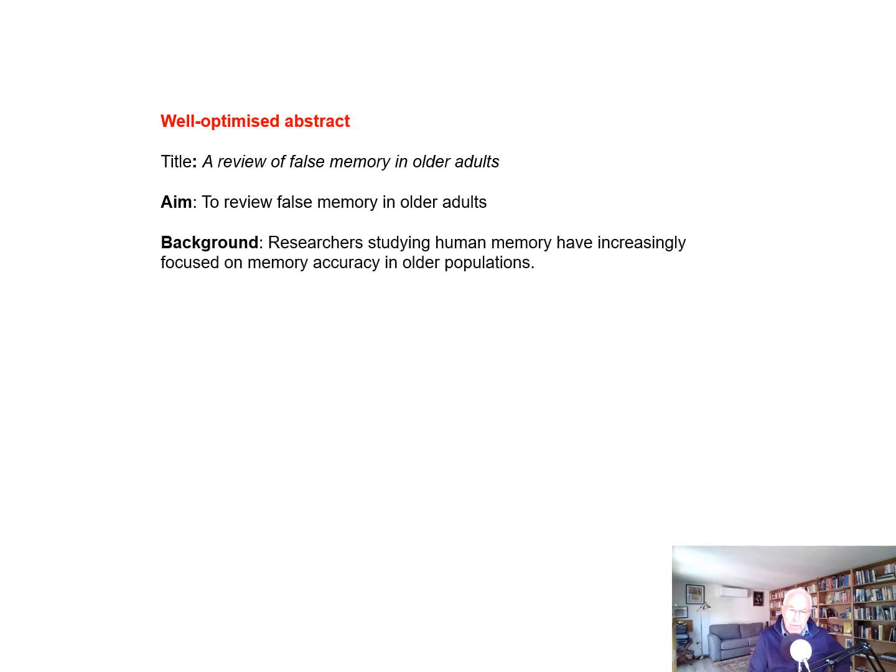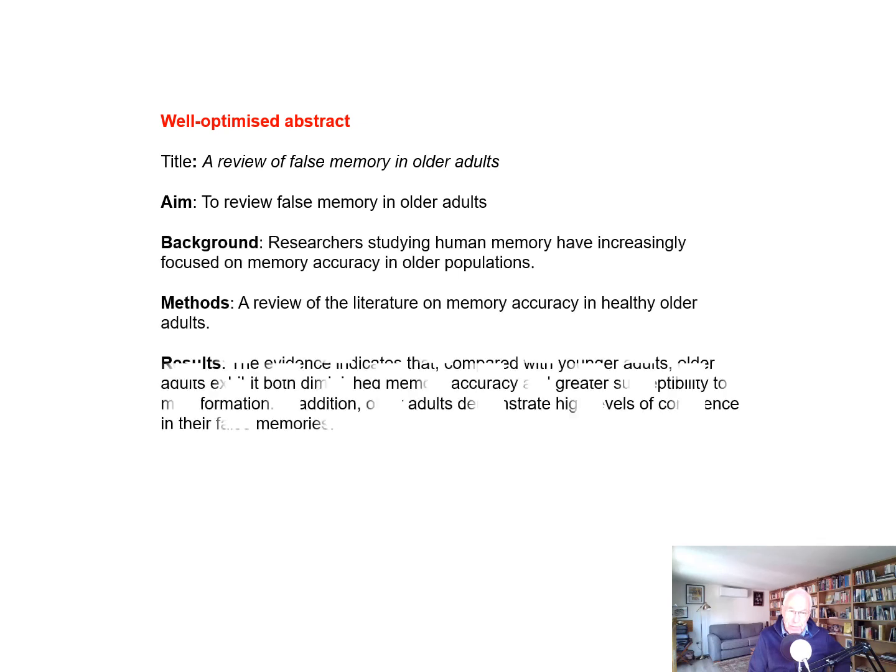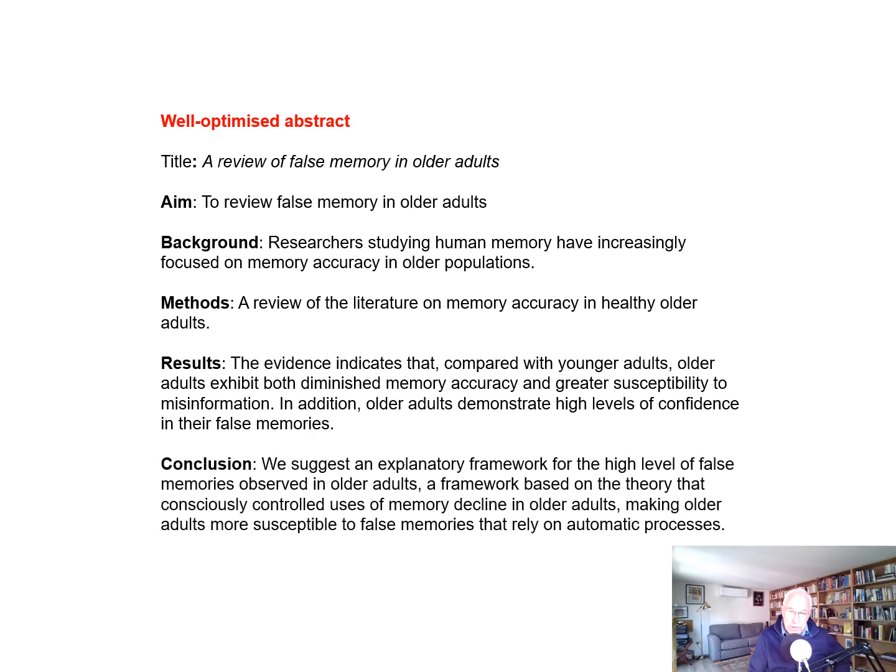So what I'll show you here is what I consider to be a well-optimized abstract. Again, this is fictional, it's not from a real study, but it's written in such a way that it will demonstrate my point. So this is called a review of false memory in older adults. I'm not going to read everything as follows, but it will have a name, it will have a background, methods, results, conclusions, and keywords.